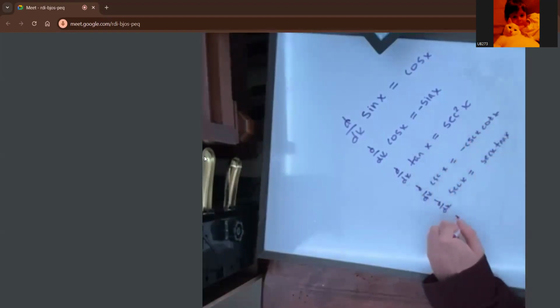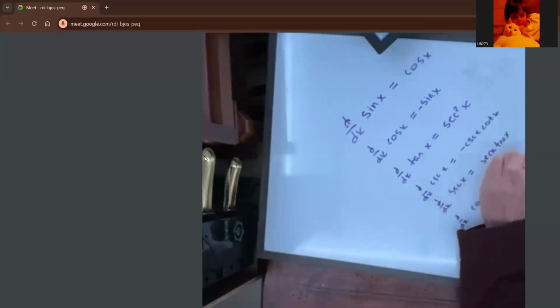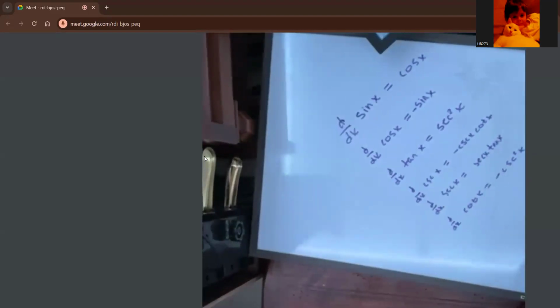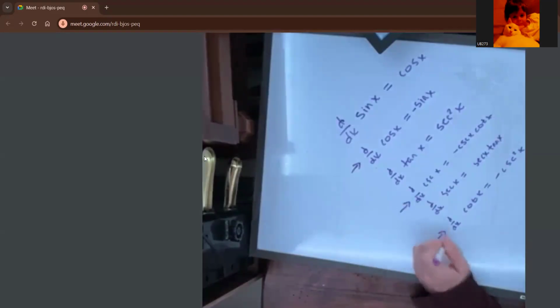And then derivative of cotangent x is negative cosecant squared x. These are 6 friends that you'll want to know. A trick is that all of the c's, cosine, cosecant, and cotangent, are negative. That is a very good thing to know.